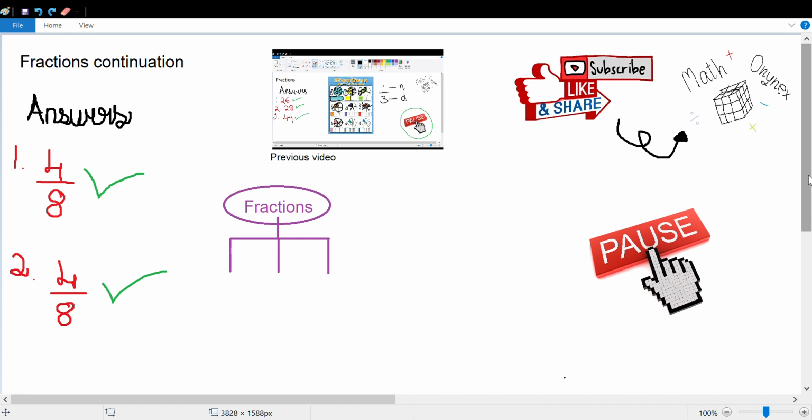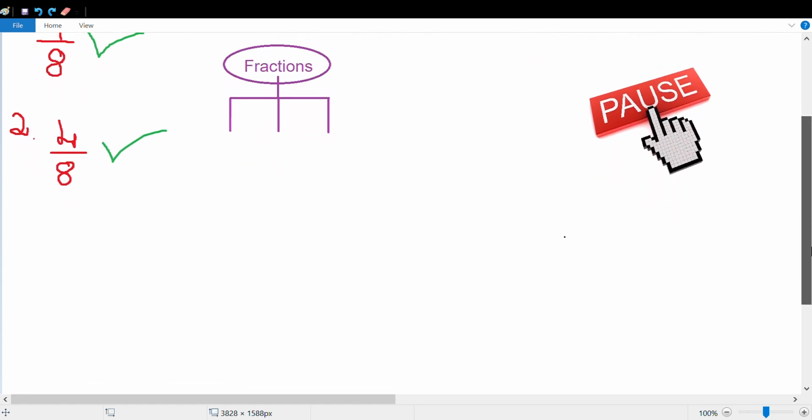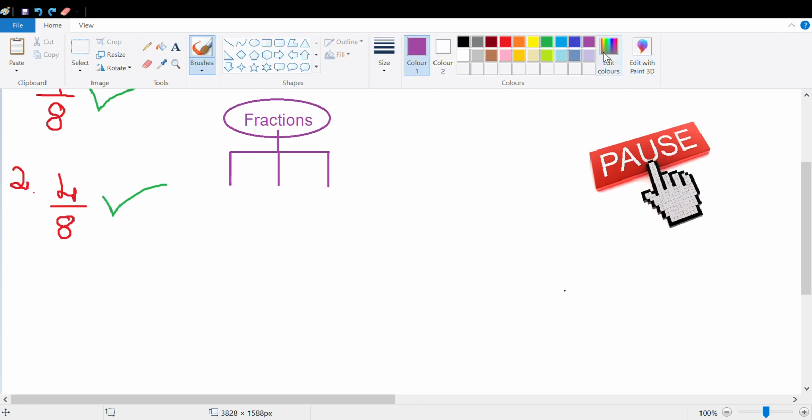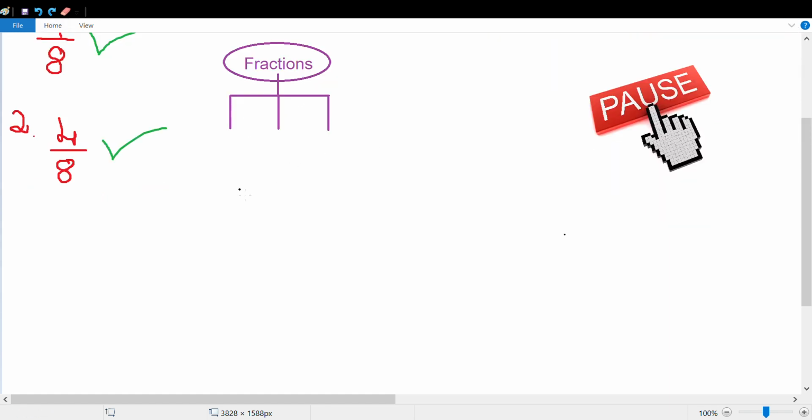So now let's do addition of fractions. How do we exactly do addition of fractions?